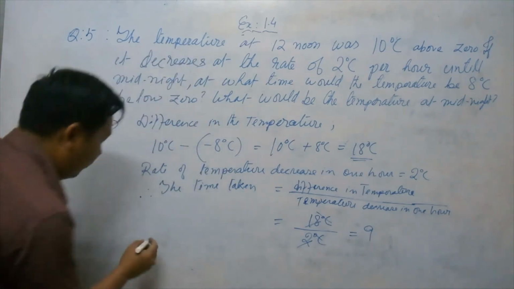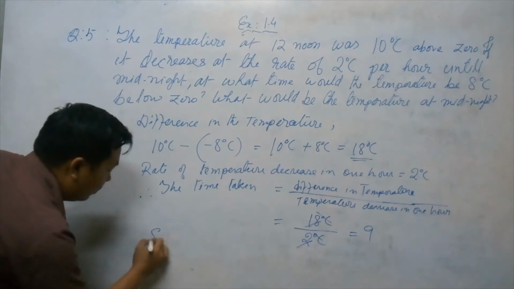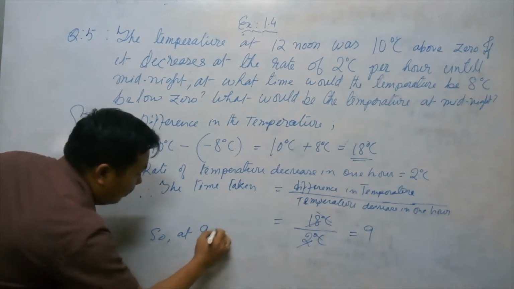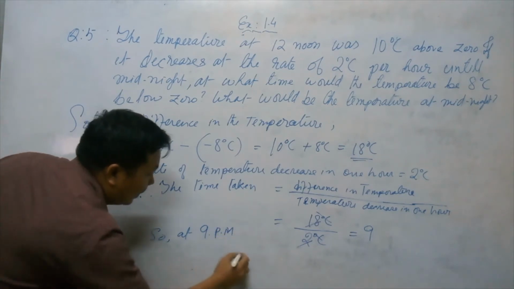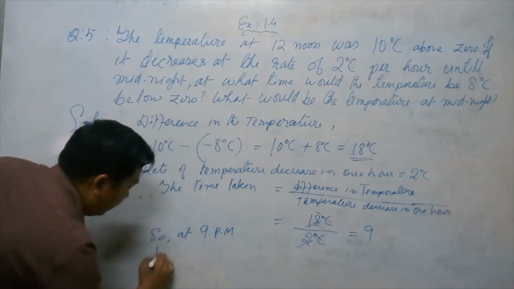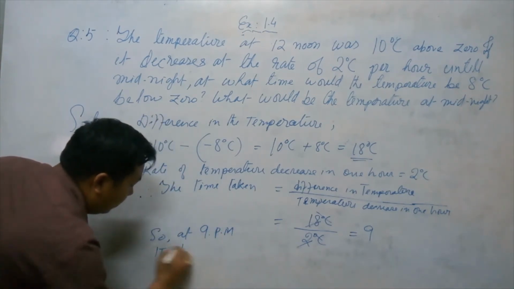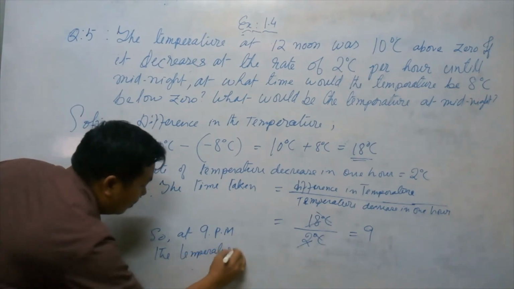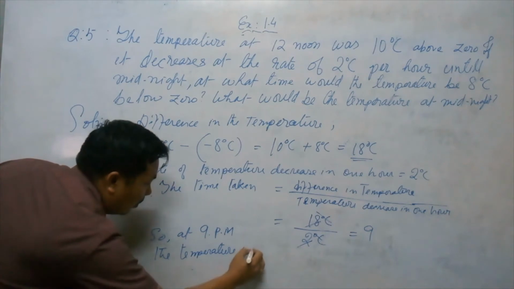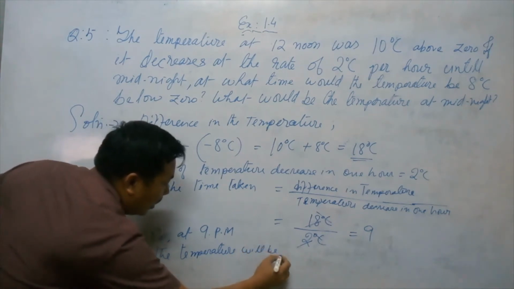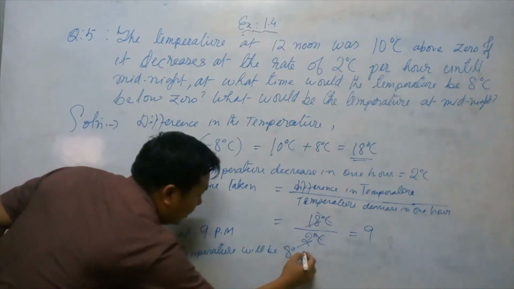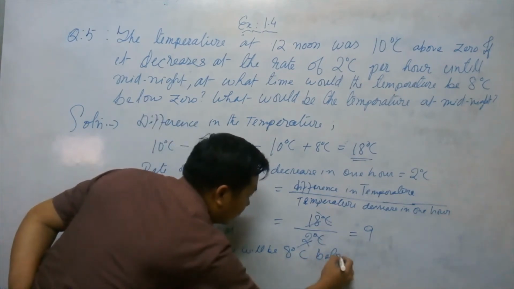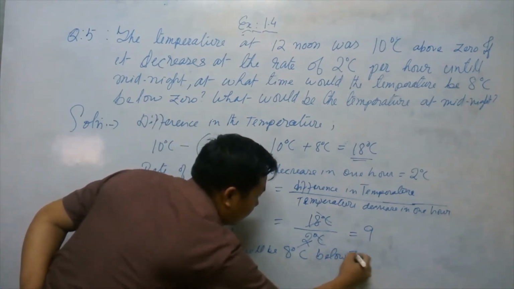Therefore, at 9 p.m. the temperature will be 8 degrees Celsius below 0.